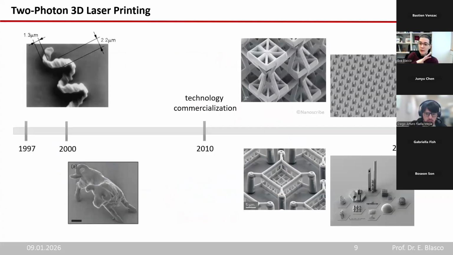Okay, so a bit of an overview about the history. Indeed, the first printed structures were already around 2000. You see here these small structures. At the beginning, it was more a technique used by physicists with some commercial materials. I think the real breakthrough was with the commercialization of this technology.